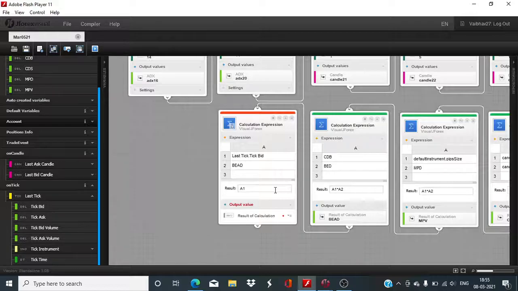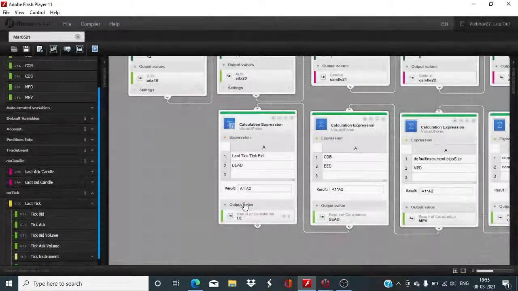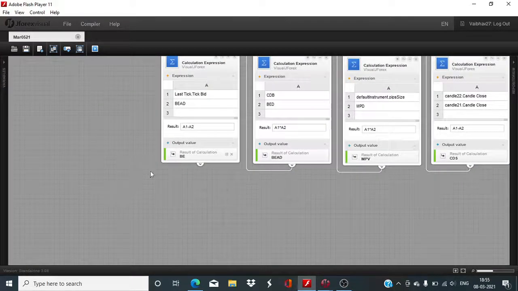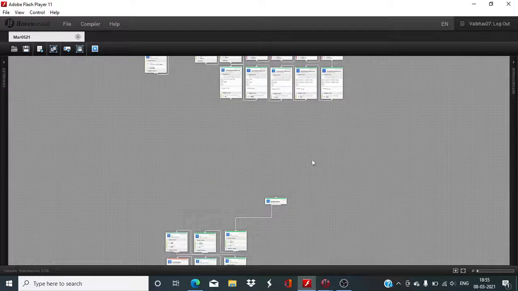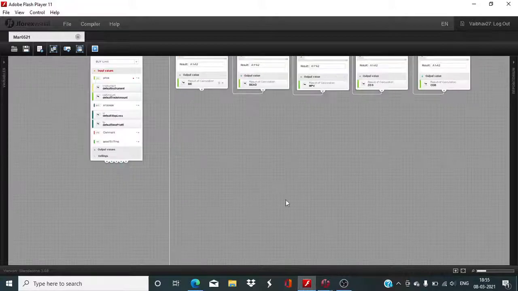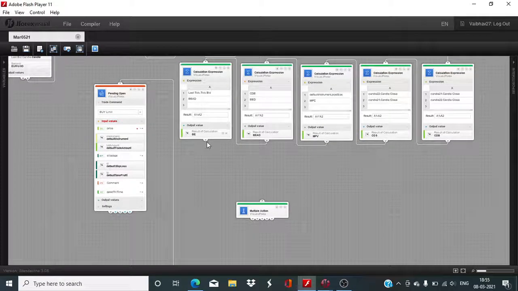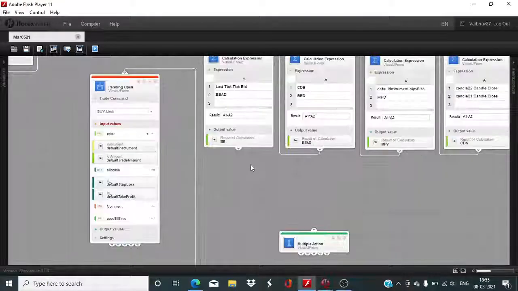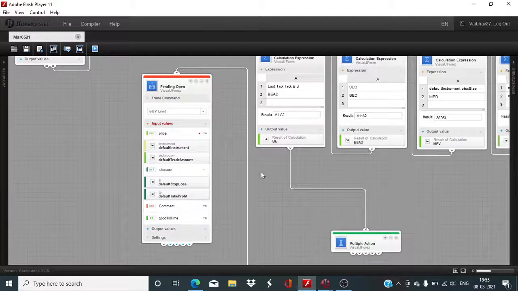So A1 minus A2, and this will be execution price. Okay, so here this price has now been defined, and for the time being I am again connecting this, but for defining the sell side again we will need to disconnect it.